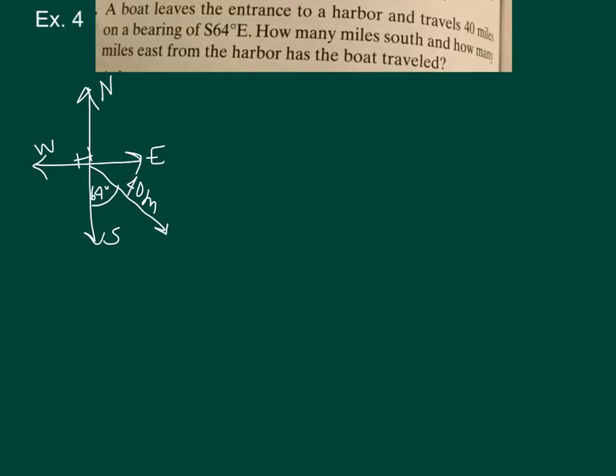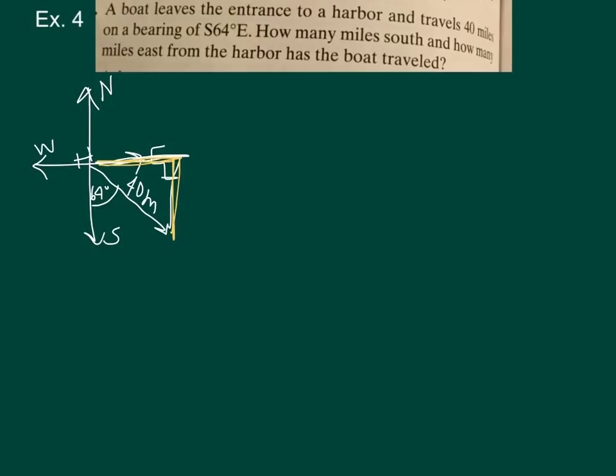And they want to know how many miles east from the harbor has the boat traveled. So I'm really making a right triangle. They want to know east, and they want to know south.